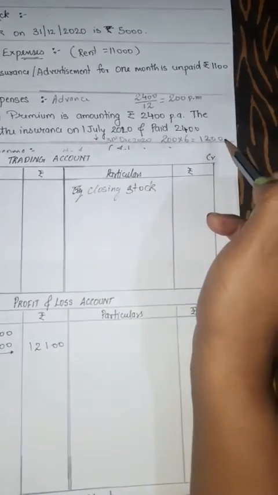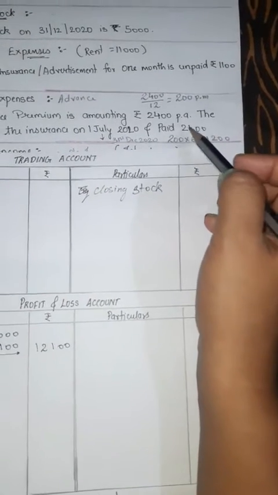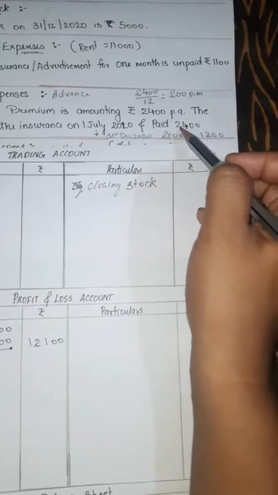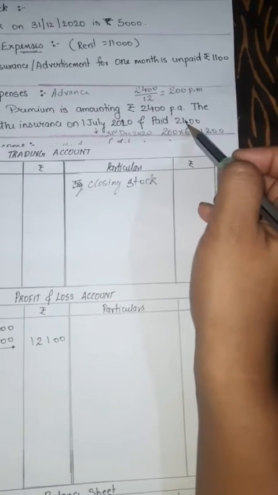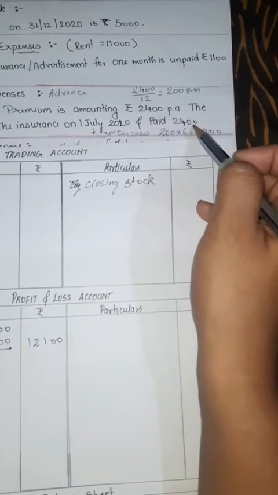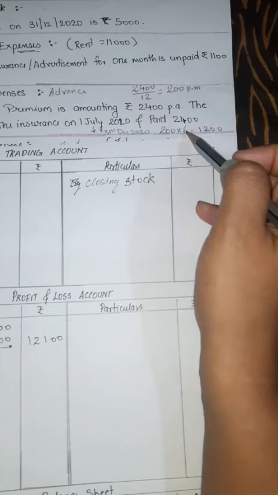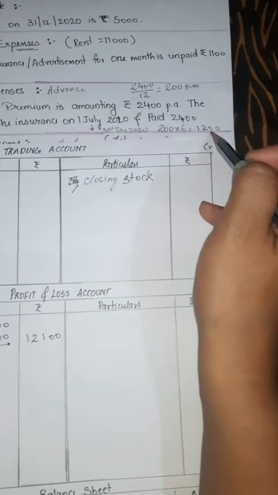1,200. So children, what you have to understand over here is that the business has paid 2,400. Actually, for 6 months of insurance, we were supposed to give only 1,200.